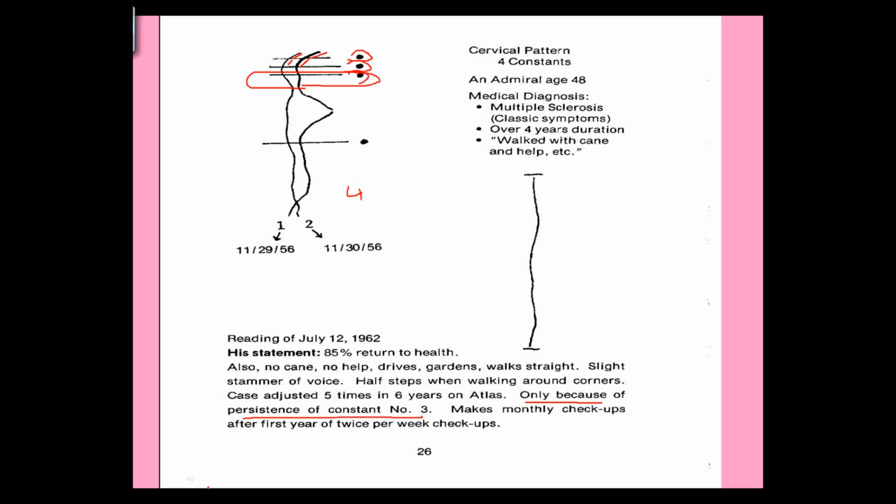If the pattern constant and the pattern would return, then another adjustment would be given. There's still a constant right there, and that's the one that continues to return right here.